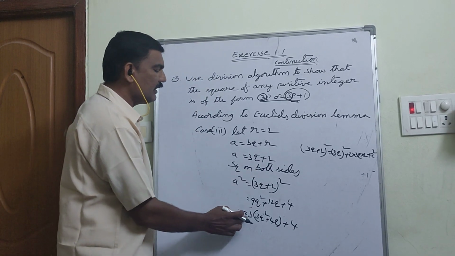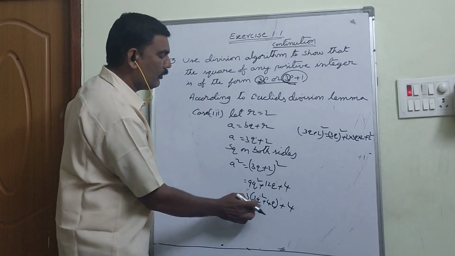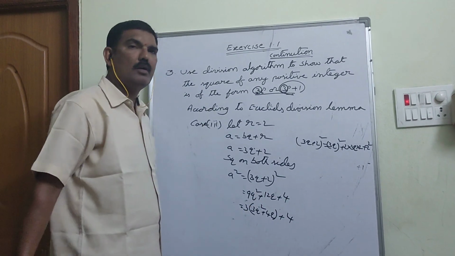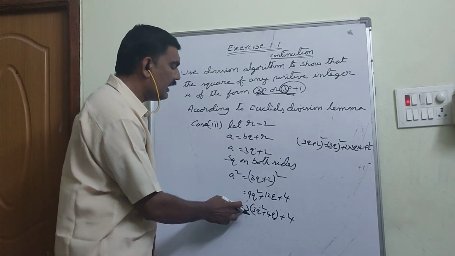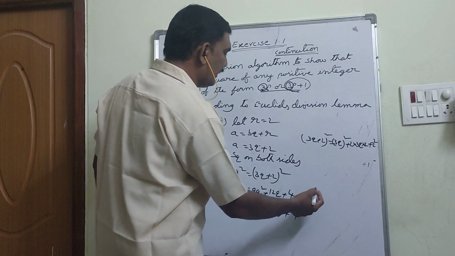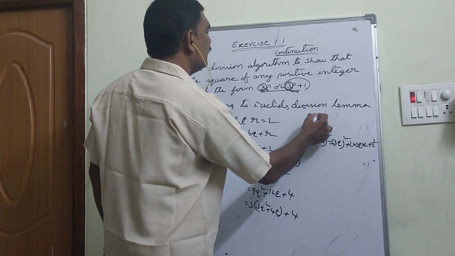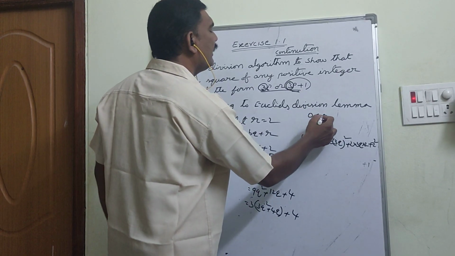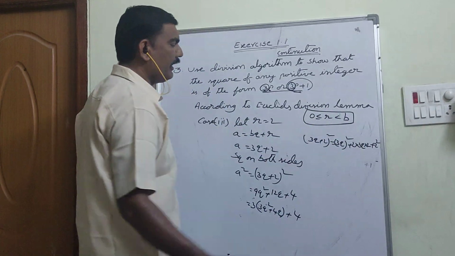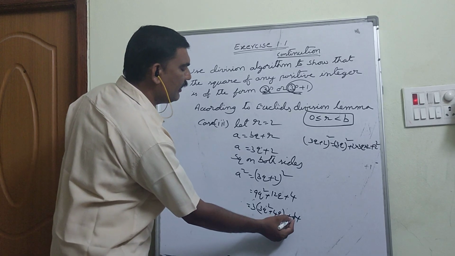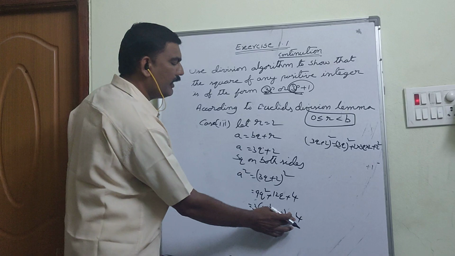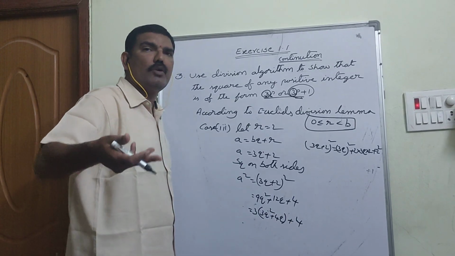If you take it like this, a equals bq plus r. In place of r, what are you getting? 4. 4 is greater than the divisor. So always in a division, what I said is 0 less than or equal to r, less than b. It is very important: the remainder will always be less than the divisor. But here, how much remainder did you get? 4, which is greater.